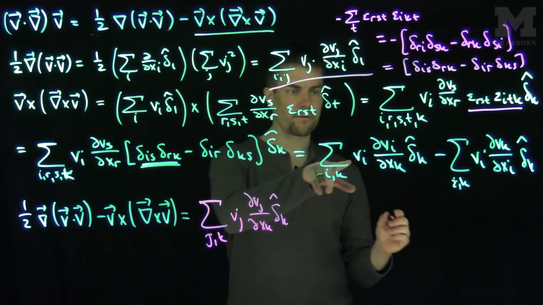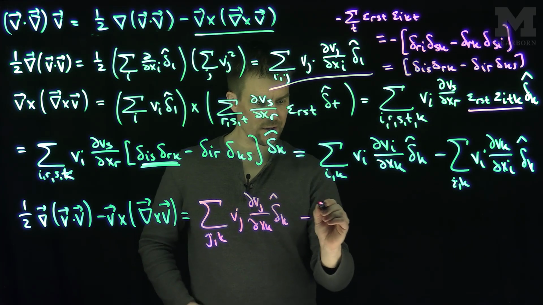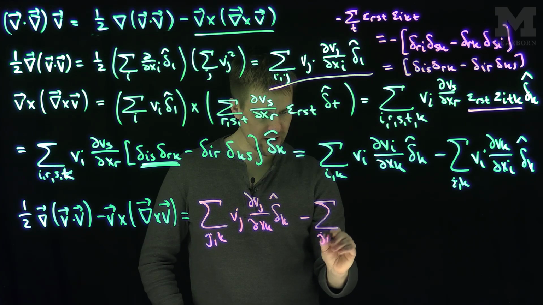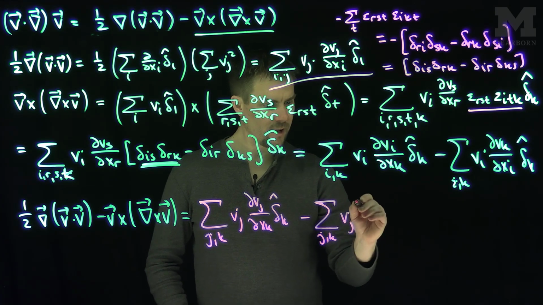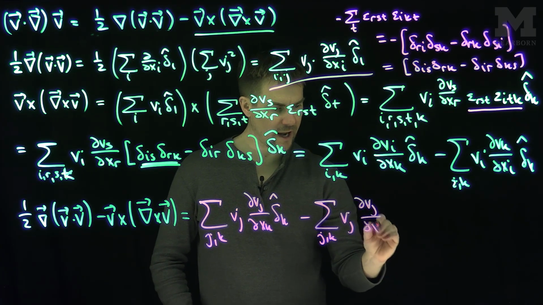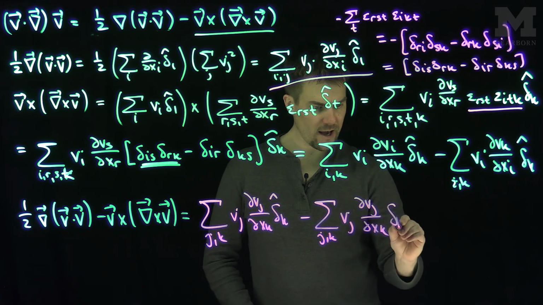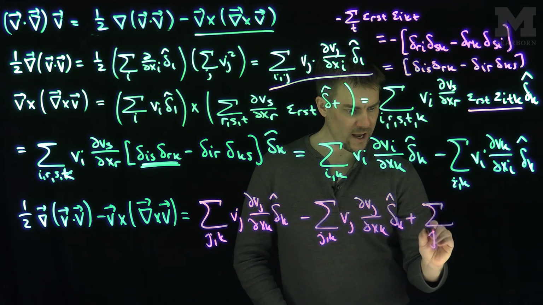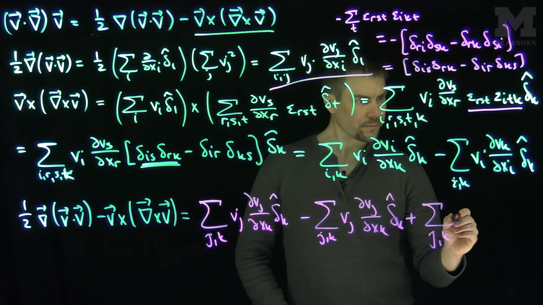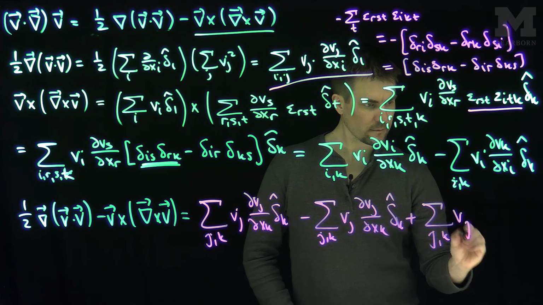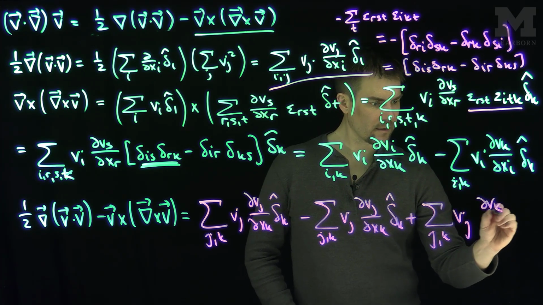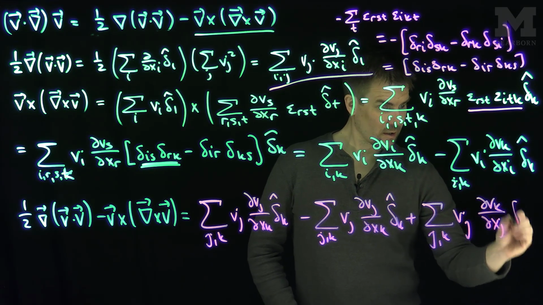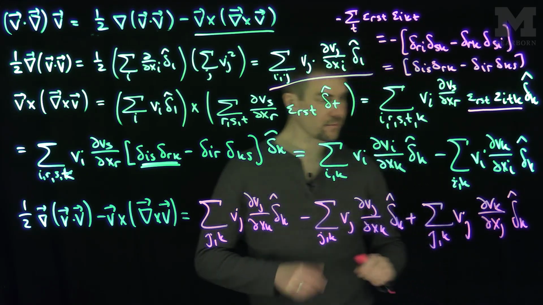And I'm going to subtract off this first term over here, so it's going to be minus the sum. I'm going to turn those i's into j's, so that won't change anything either. So the sum over j and k of v_j, partial v_k... partial x_k, and then delta k hat. And then that's going to turn into a plus the sum over j and k of v_j, partial v_k, partial x_j, delta k hat.